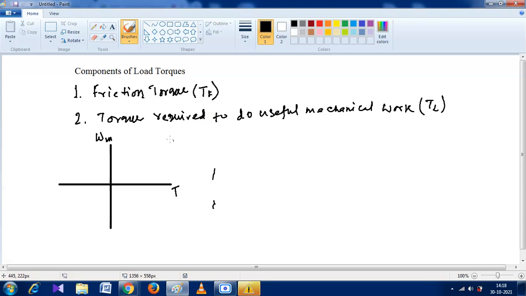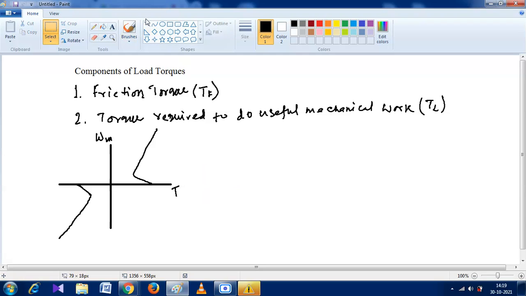You can also say this is omega m. This is actually the nature of friction torque.